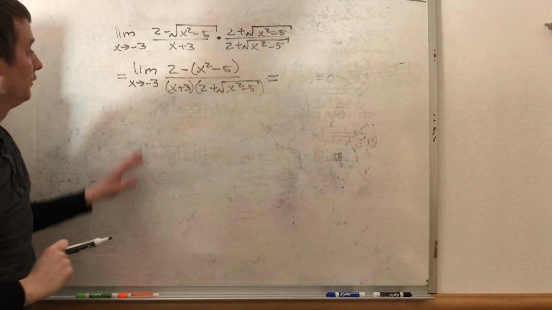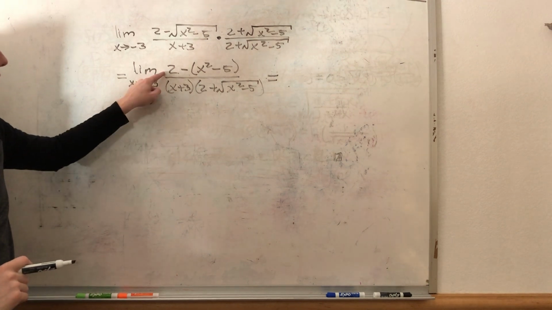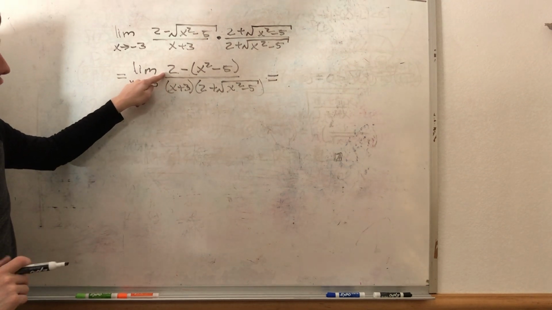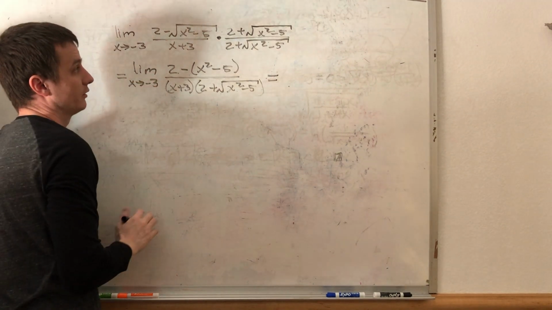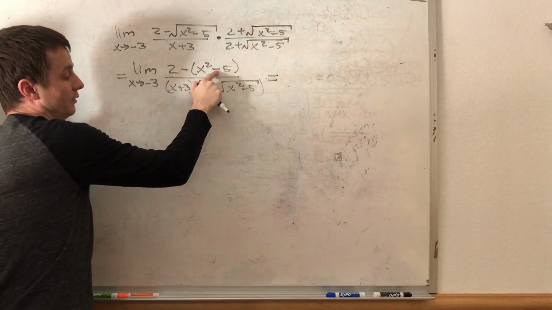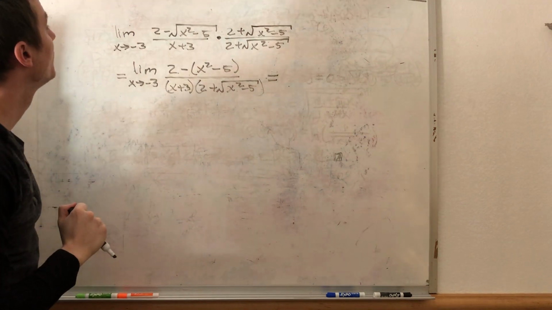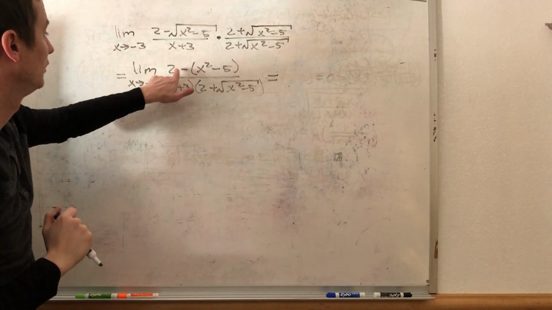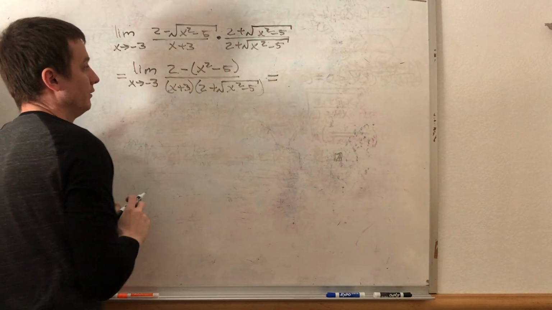Okay, so now finally, let's rewrite the numerator, see how the numerator can be re-expressed. The numerator, we can do 2 minus minus 5, 2 plus 5, which is going to be 7.